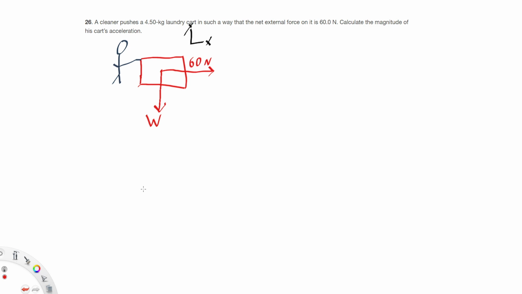If we know that the laundry cart is 4.5 kilograms, can we calculate the force of gravity on this cart? Do we have enough information? Anybody?